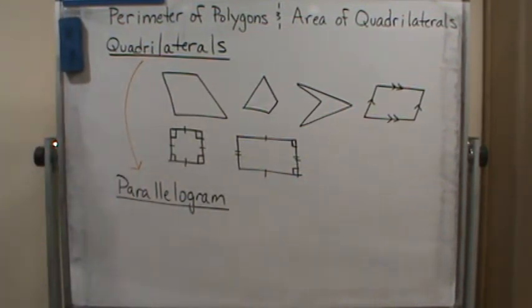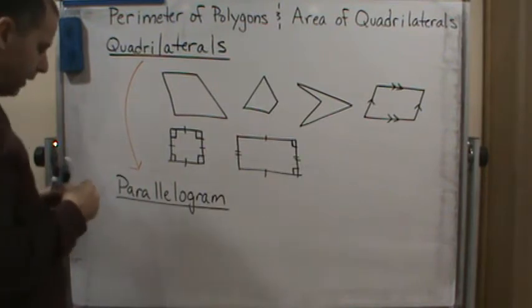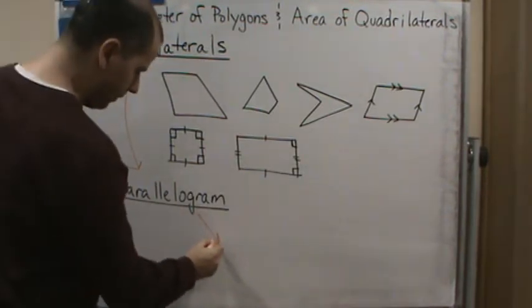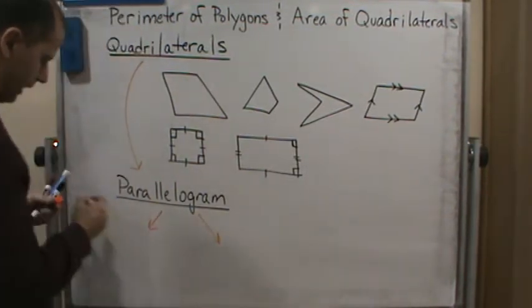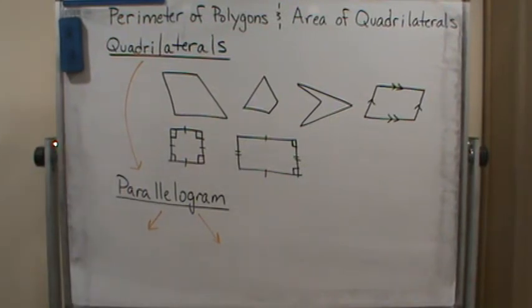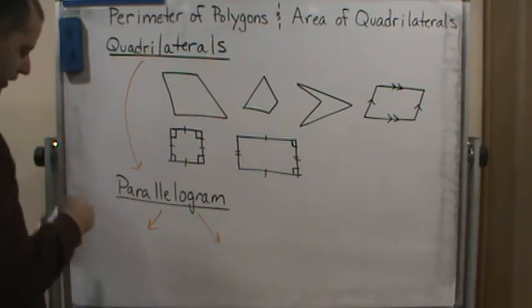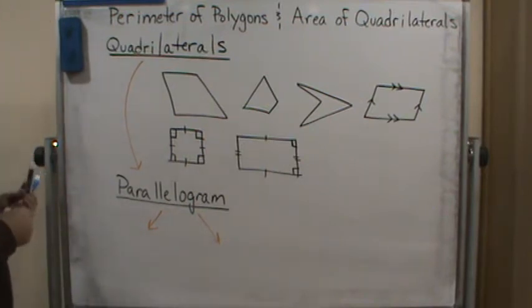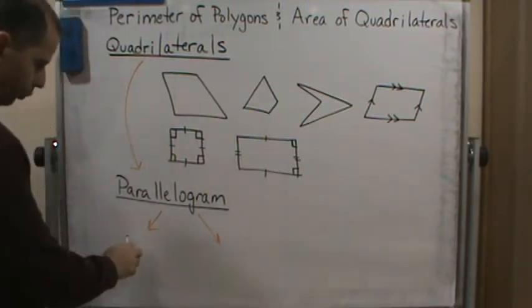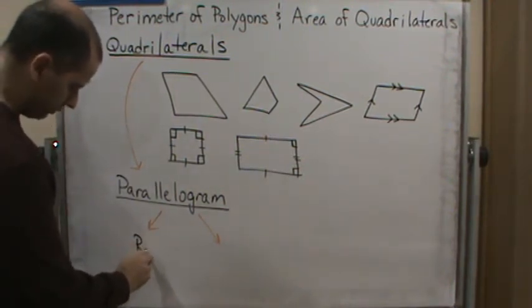Now, within parallelograms, we have two other types of parallelograms. Well, actually, three. But we'll get there. So we've got rectangles.